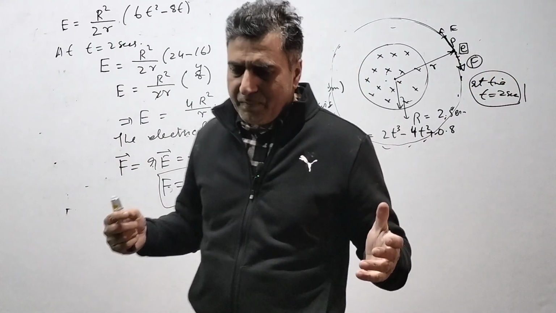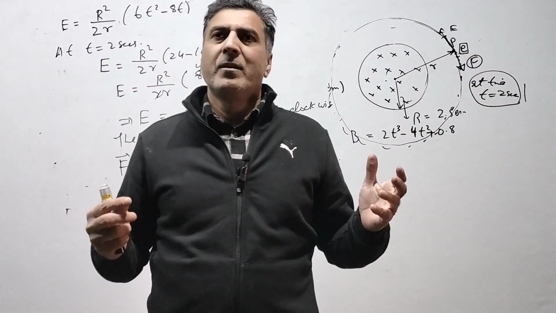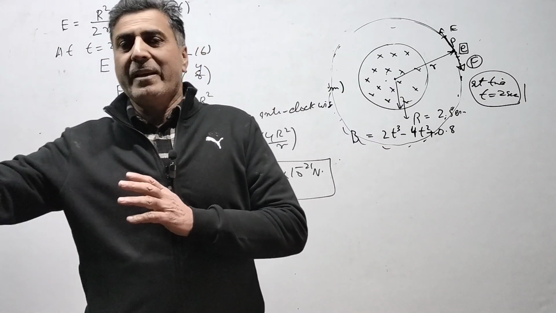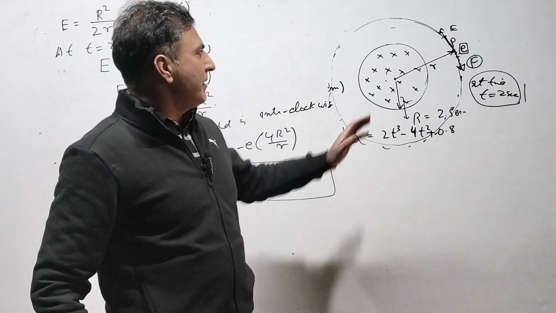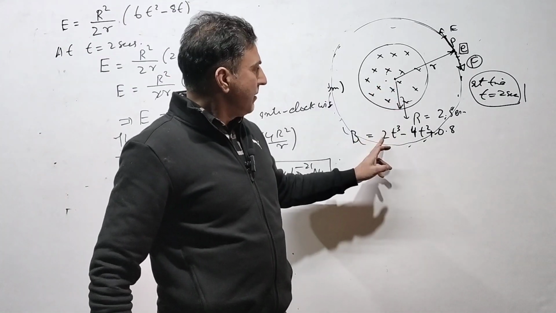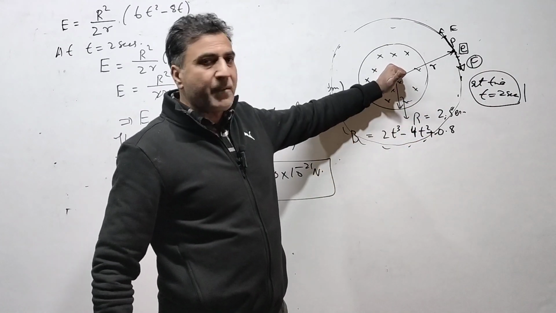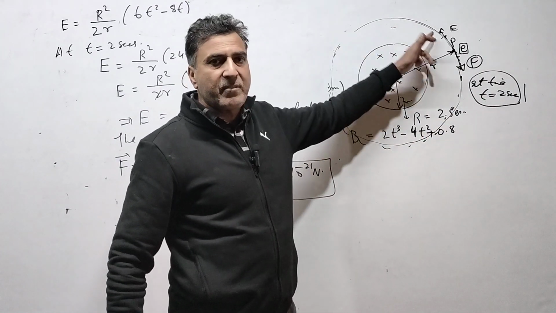The concept was that a changing magnetic field produces an electric field, and that electric field acts on the electron. We were given the magnetic field changing with time. This changing magnetic field creates an electric field in circles, right?